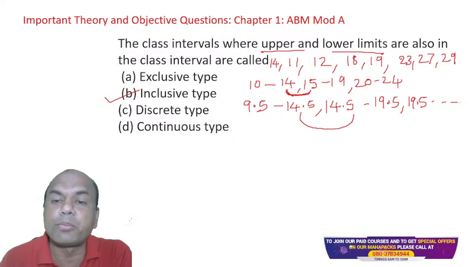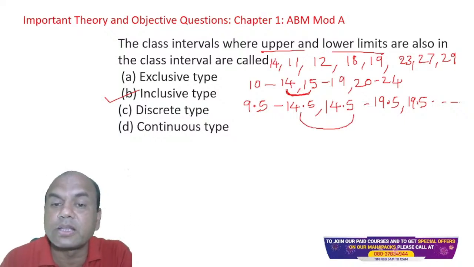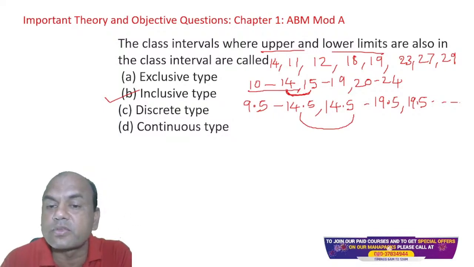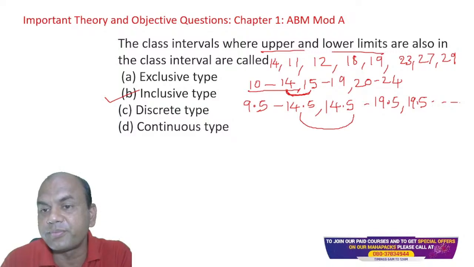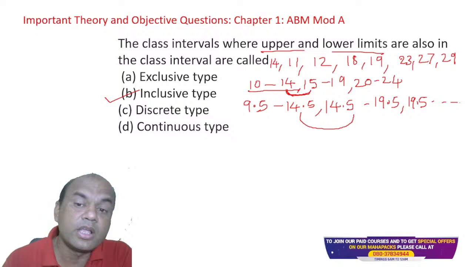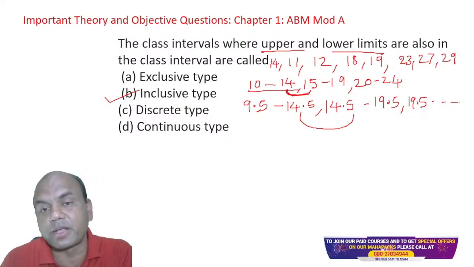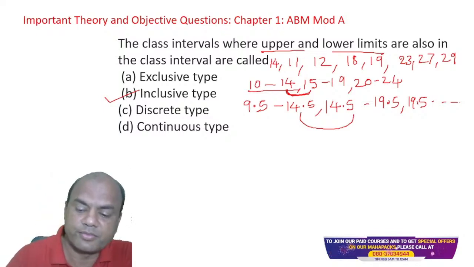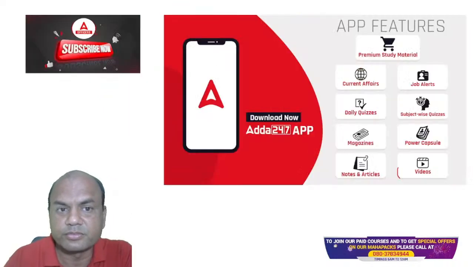In inclusive, the upper and the lower limits are also part of the class interval. Suppose if I get the number 14, I'll arrange it in this class, not in the 15 class. The number 19 I'll arrange in this class. The remaining are easy for you, right? So this is known as inclusive type. Got it, everyone? Clear? Move on.